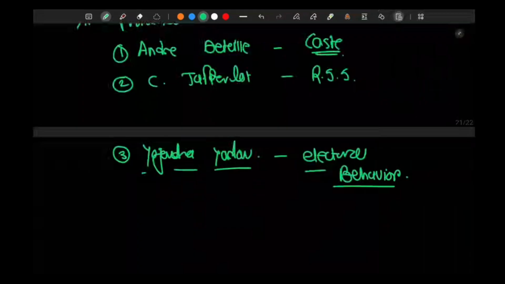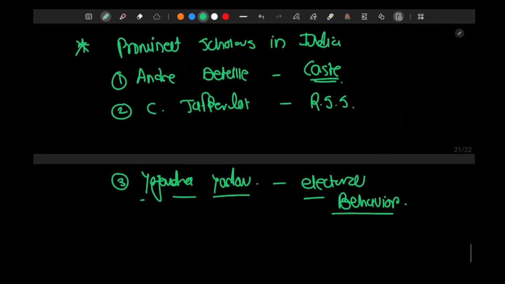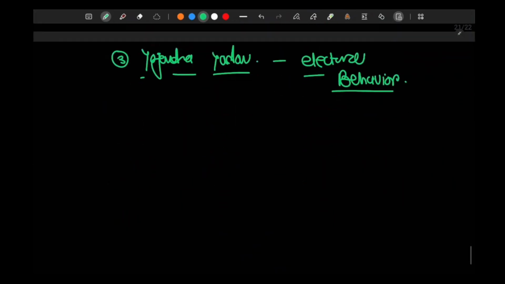Yogendra Yadav has analyzed how electoral behavior across caste lines and religious lines is affected, and how women also act as a factor in elections. So sociological factors affect the political system. These are very frontier scholars in political science, in the political sociology approach in India today.